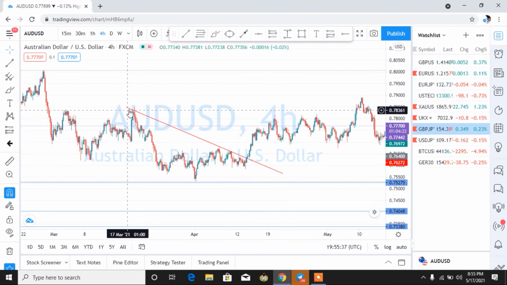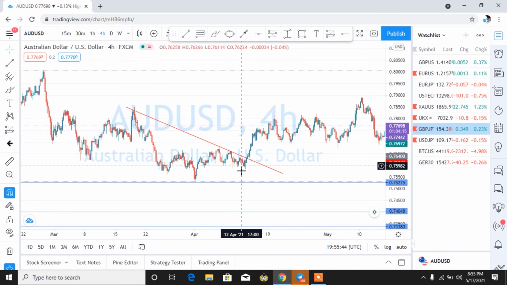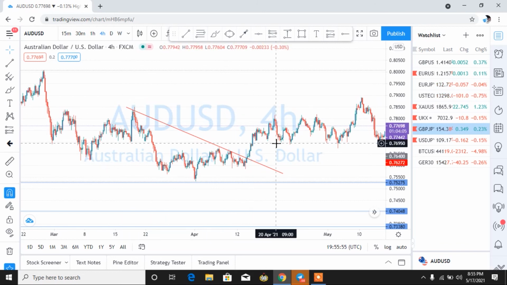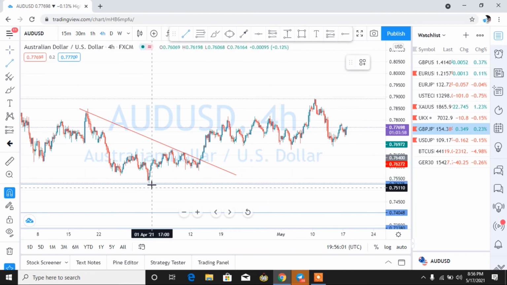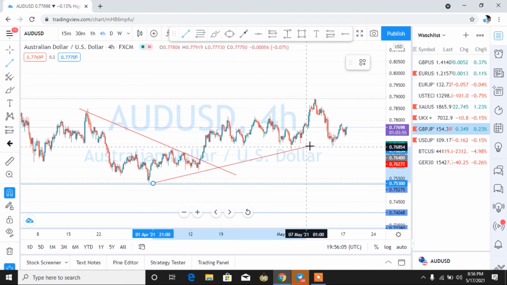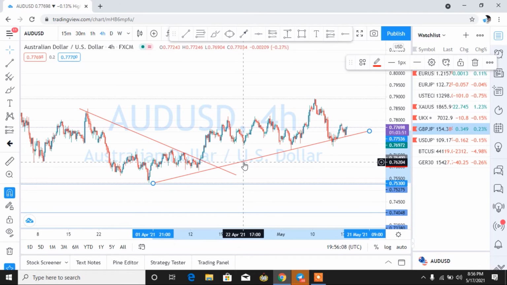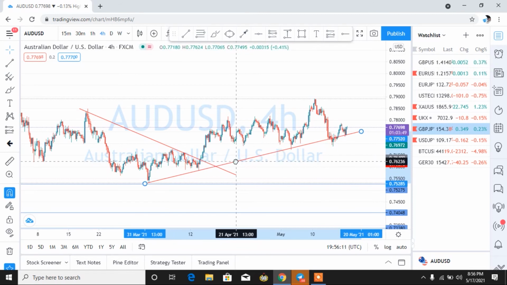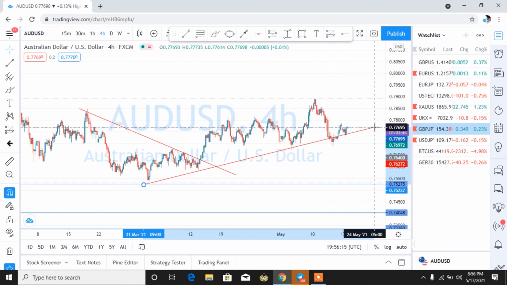So here we have the first touch, here we have the second bounce of the trend line, and we have the third bounce of the trend line. Makes it stronger. And again, we also have a trend line here. So we have another trend line here.